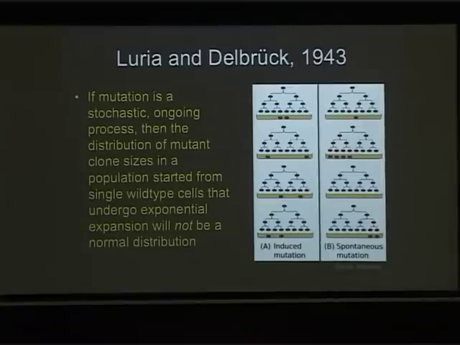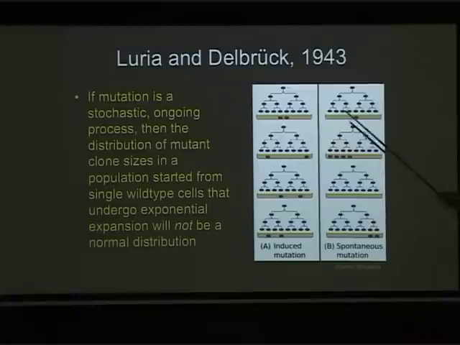And initially, this was how people tried to measure the rate at which mutations are occurring: just look at the frequency of mutations in a number of individual isolates and then take the mean, right? And the problem that Luria had is every time he did that, he got a different mean. He found that he could never do enough samples to get that mean to converge to anything.